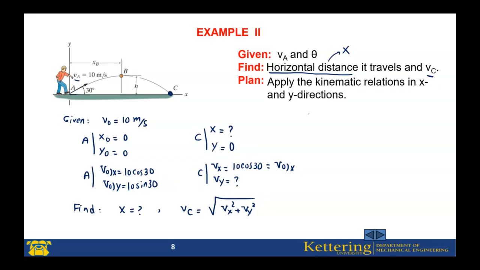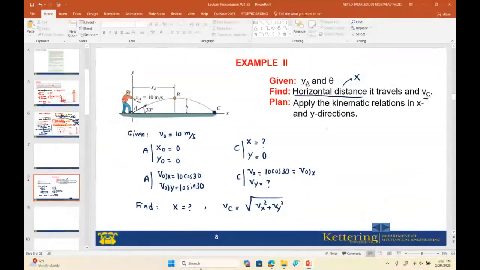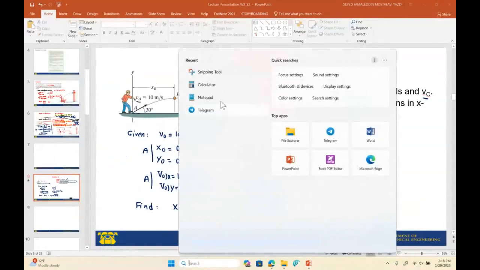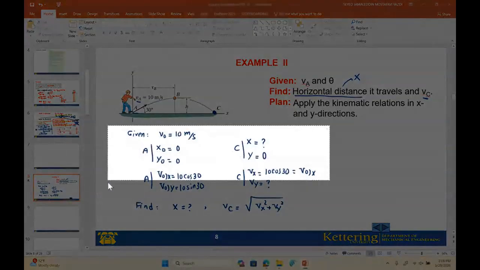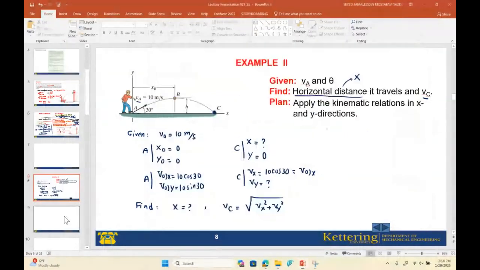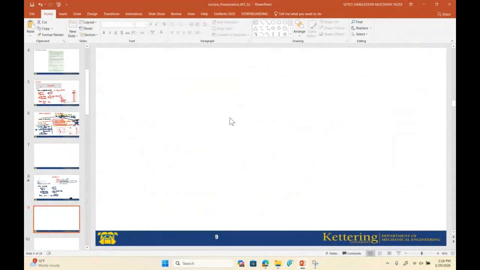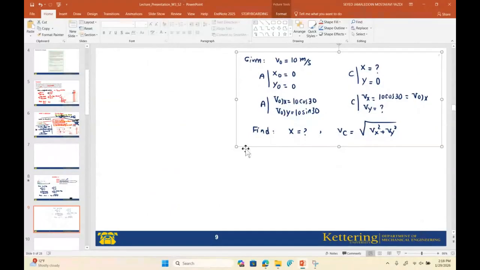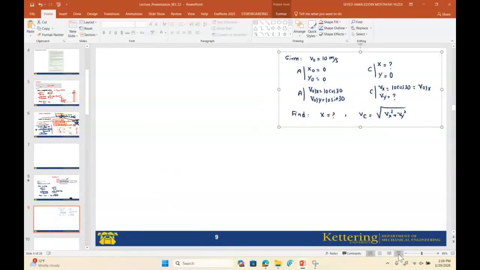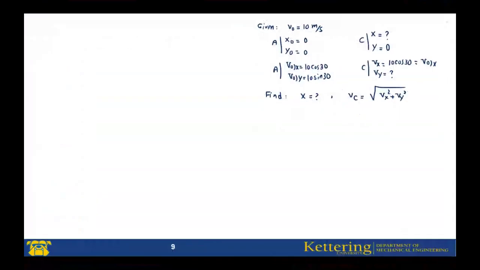Let's move to the next slide. I know some of you might be interested in just finishing the solution in one slide, but it's much better not to bring all of this into one slide, it becomes easier.